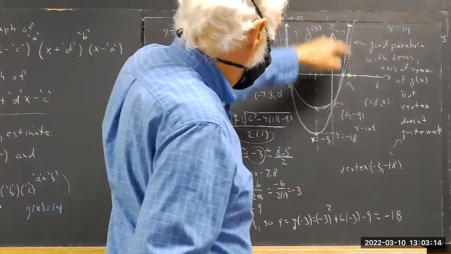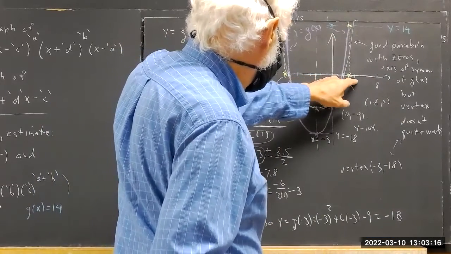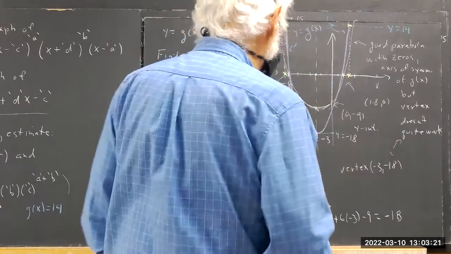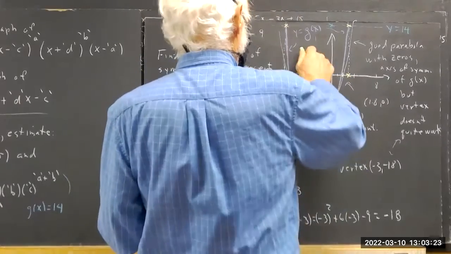It looks like g of x equals 14 when x is about, well, there's 4, that's about 3.